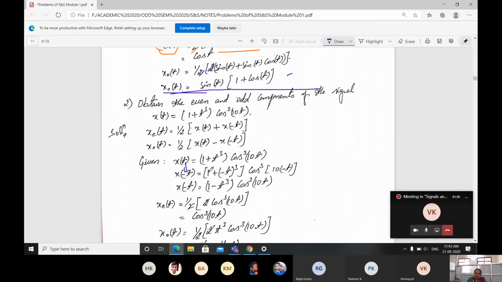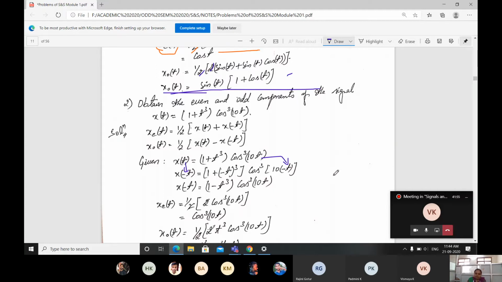So I will be getting 1 plus, here minus t instead of t, whole cube. Then cos raised to 3 of 10 times minus t. If you solve, what will you get? 1 minus t cube is there. Again it is an odd part. What will I be doing?